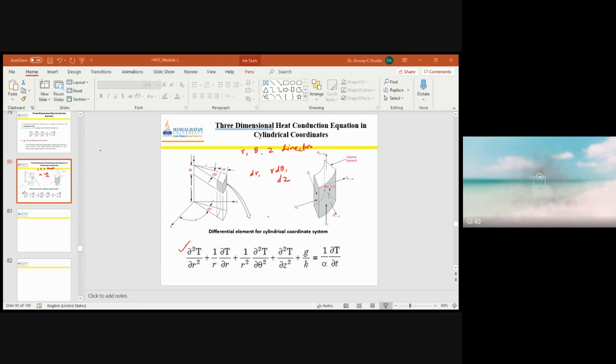So when we take the one-dimensional heat conduction equation in radial direction, the first case, this is the important one: steady state, one dimensional in radial direction.